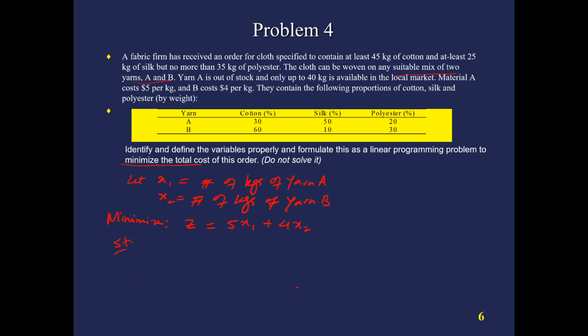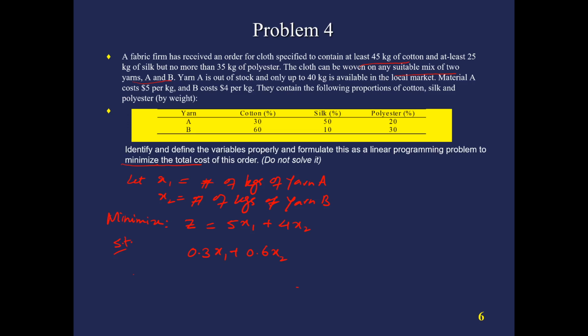We have cotton constraint, silk constraint and polyester. By weight each is given, 30% by weight, so it is actually cotton, so if we say 0.3 x1 plus 0.6 x2, and it says this is cotton, should be at least 45 kilograms of cotton.